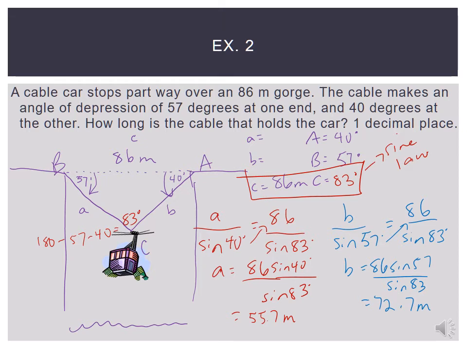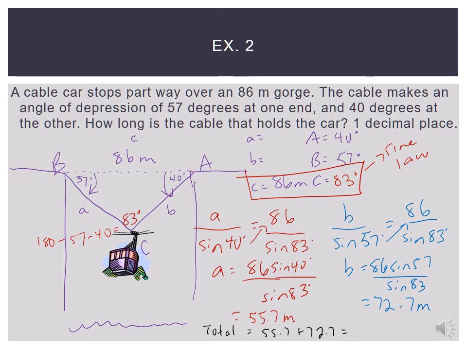Now we want to know the total length of the cable. So we have to add those two together. So the total equals 55.7 plus 72.7.